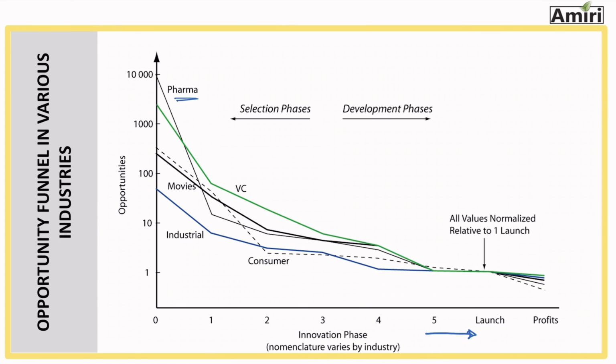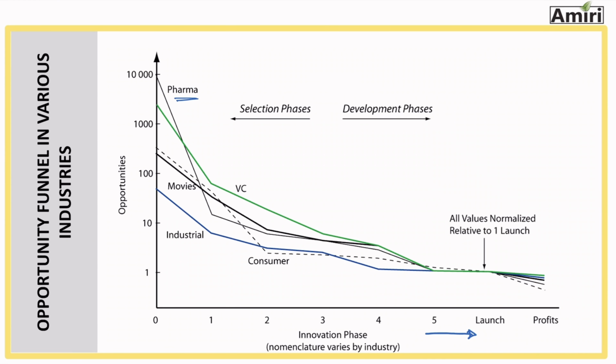So they go from tens of thousands to maybe 10, 20 opportunities for pharmaceutical, or even for venture capital, less than 100. Consumer products and the movie industry start with less than 1,000, a little bit more than 100. And then by step 2 or 3, after a couple of filtrations, they drop to less than about 10 opportunities.